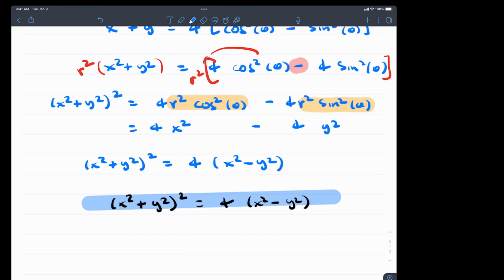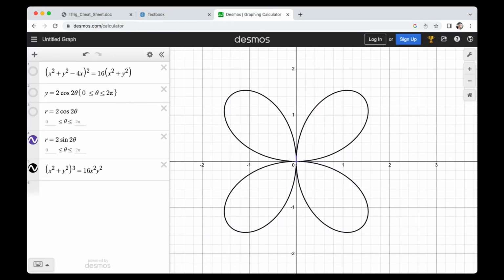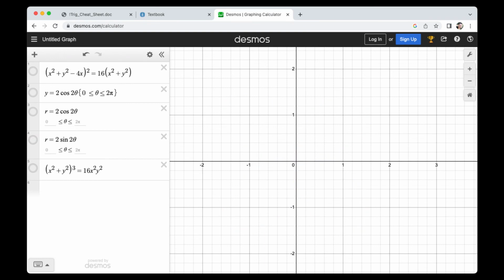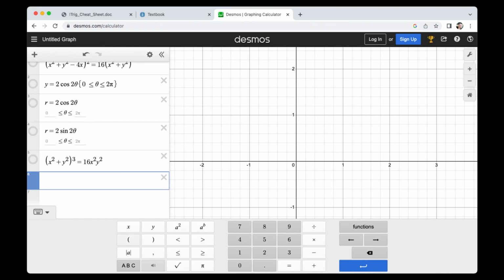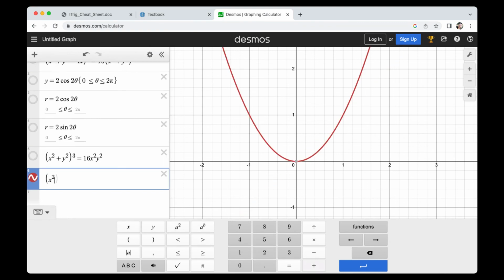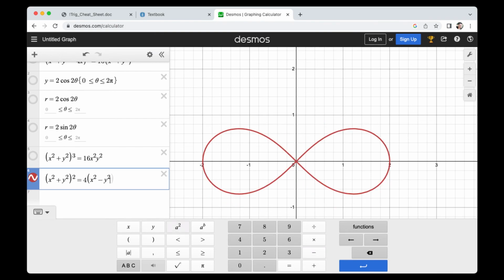So to remind you guys, let's see in Desmos if this is what it should be. Let's go back here. We're getting rid of this. x squared plus y squared, all squared, is supposed to equal 4 parentheses x squared minus y squared.